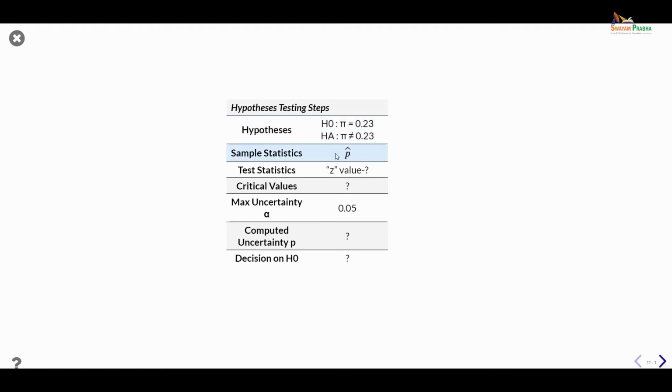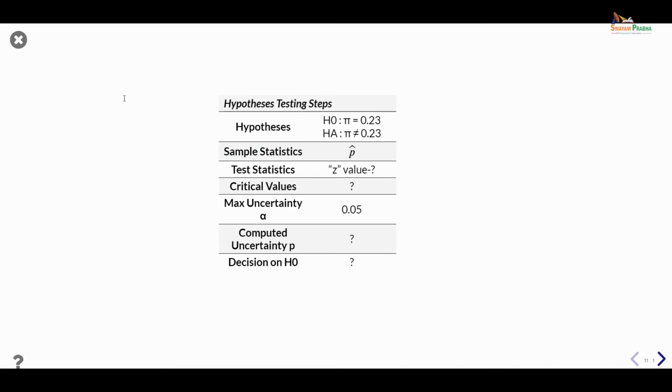P hat is a proportion that we have to calculate from the sample. My test statistic in this case is going to be the z value, and the critical values we have to compute. We are again setting the maximum uncertainty alpha as 0.05, and the computed uncertainty has to be computed from the data, and then we will take a call on whether to reject H0 or fail to reject H0. So, let's see how to go about it.